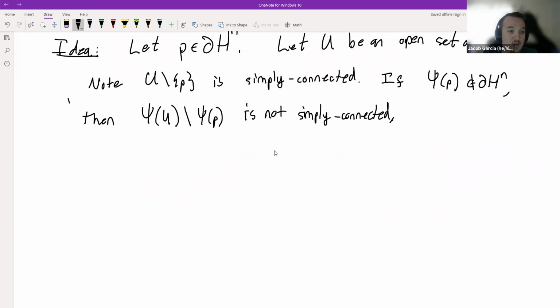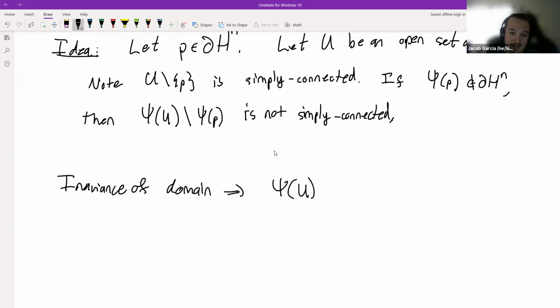What you would normally use invariance of domain for in this problem is exactly the thing which tells you that phi of U is open in the image. That's what invariance of domain gives you: if you're embedding n-dimensional space into n-dimensional space, then the image of those open sets are open in the target.